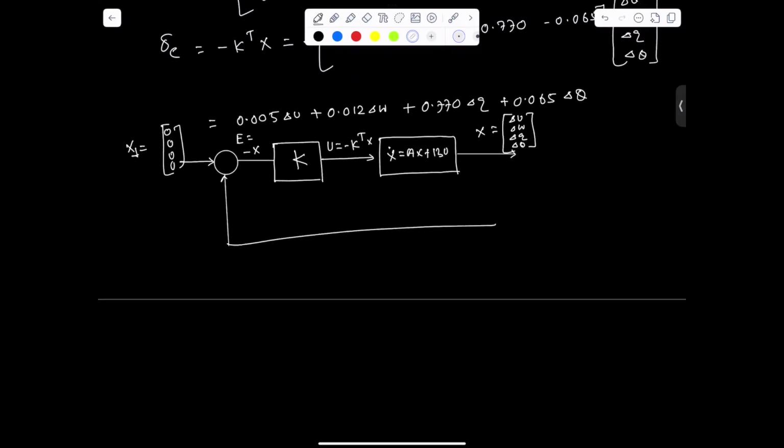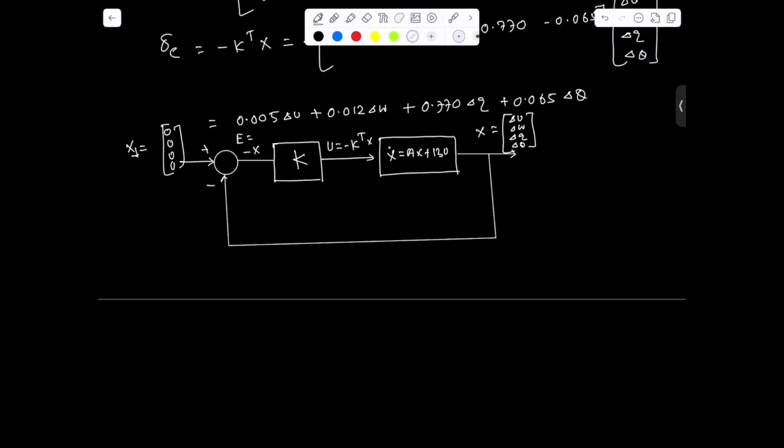And we have the feedback here. This is negative, this is positive. So this is basically the control system for this particular motion dynamics, and we can control all the states in the system.